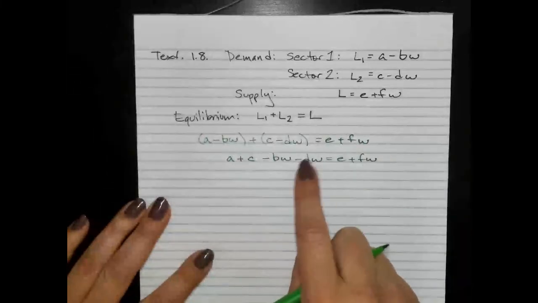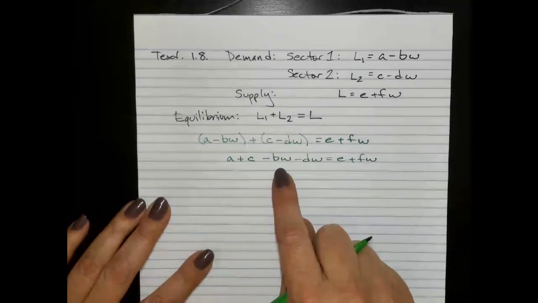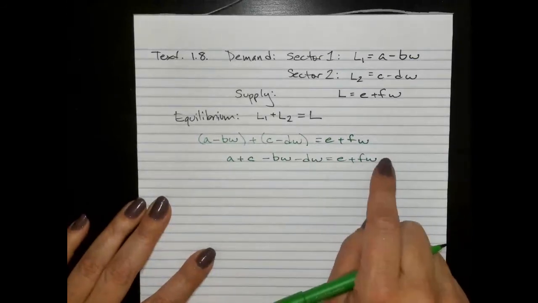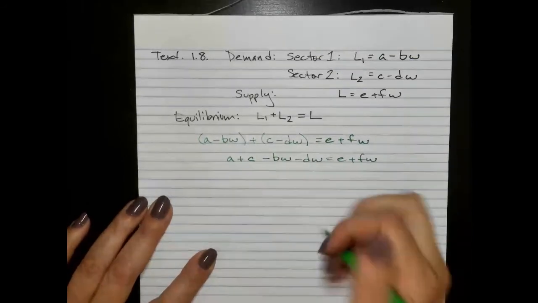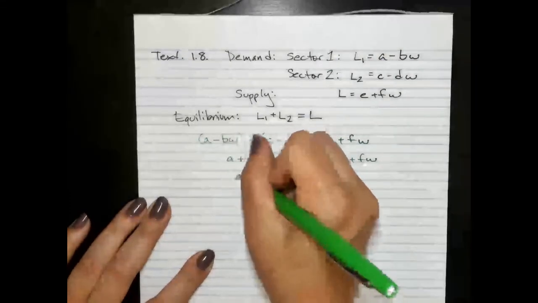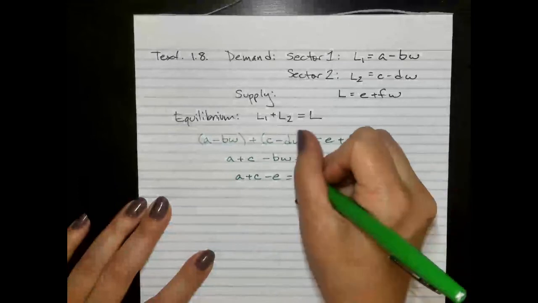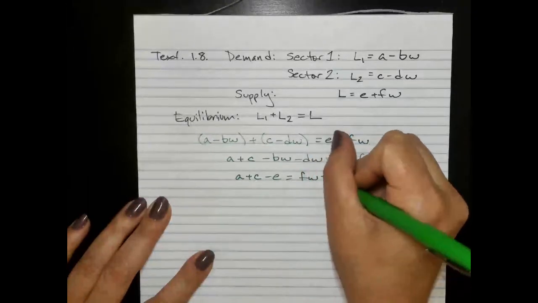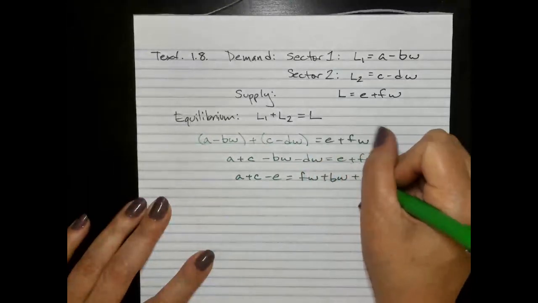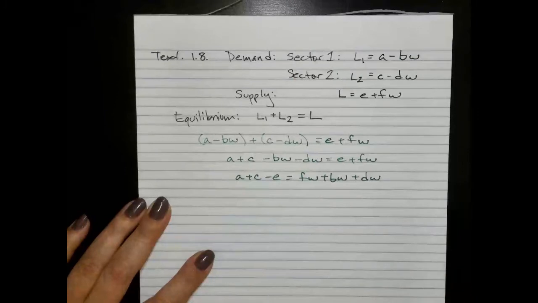And then I'll go ahead and subtract these wage coefficients over and bring them over here and subtract E to bring it over here. So now I have A plus C minus E equals FW plus BW plus DW.